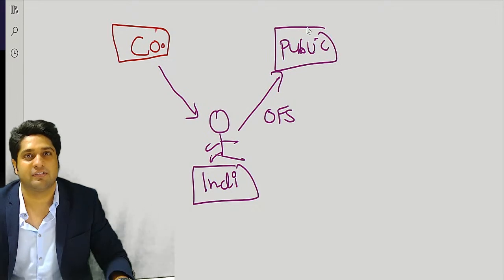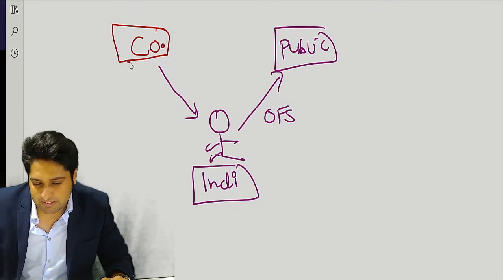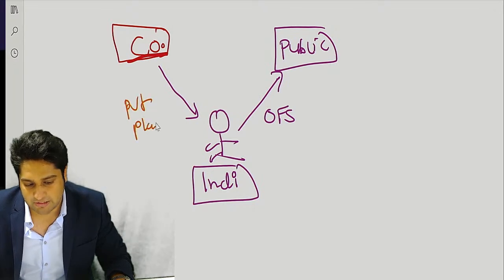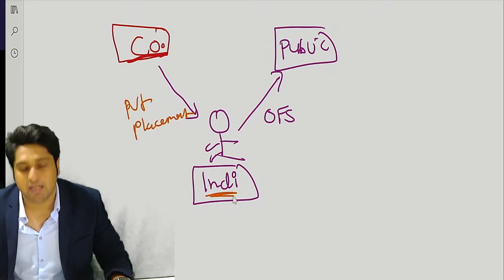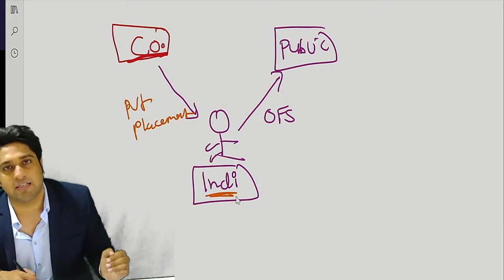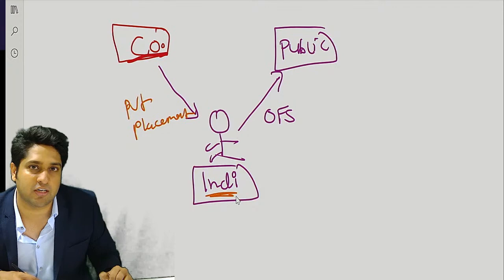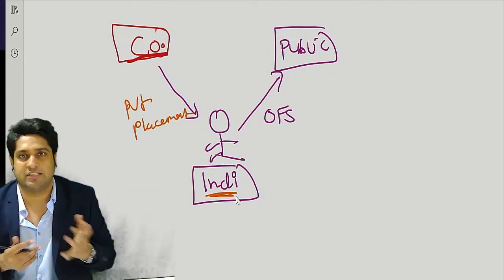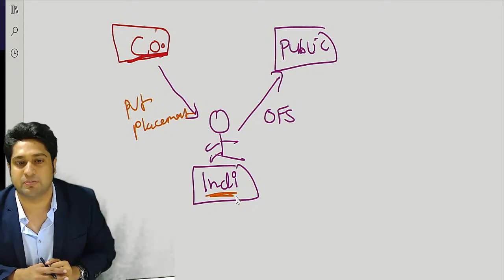Have you understood? So what happened when the company made a private placement to this individual, it did not have to follow the rules of prospectus. Section 26 rules did not need to be applied or did not have to be disclosed. Yes or no? Section 26 doesn't apply when you're giving private placement.